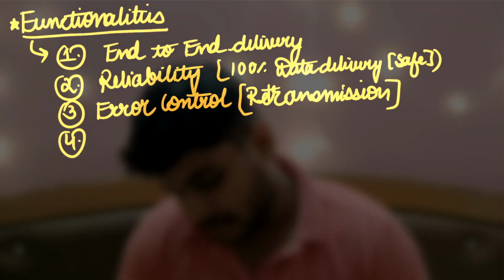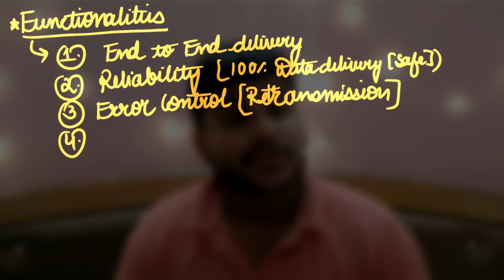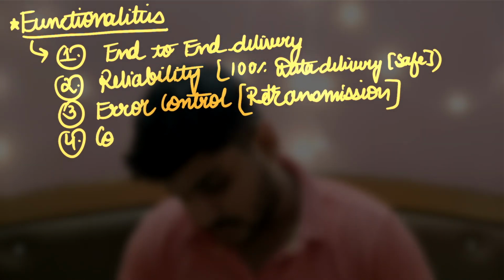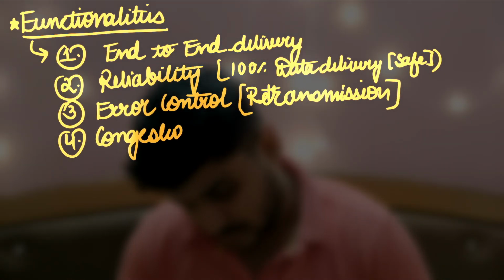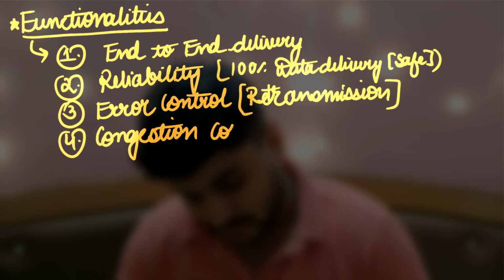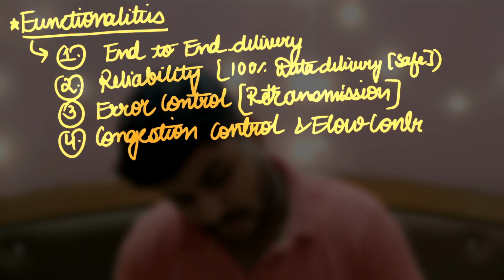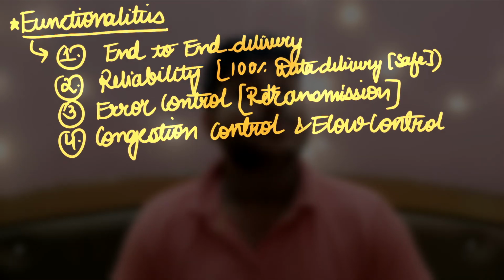Number 4, we have congestion control and flow control. This actually deals with the flow of the data, like how much data is being transmitted at a time.